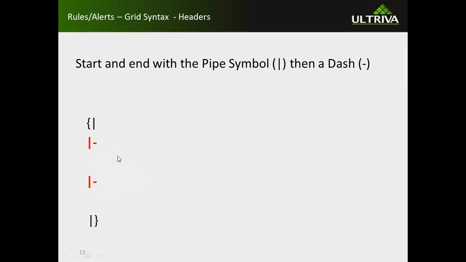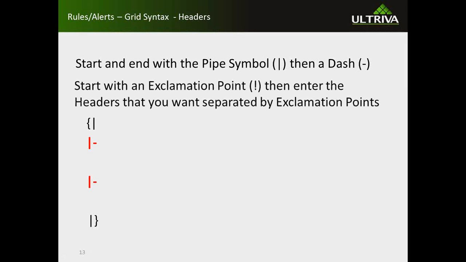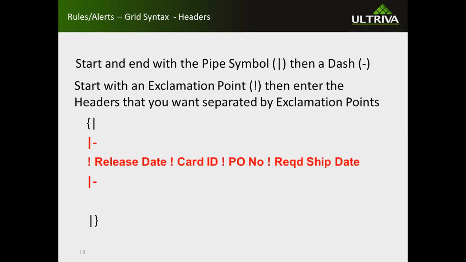Now we're ready to add our headers, and we start that with an exclamation point, and then we put our headers in, typing exactly what we want our headers to be, and we separate each one by exclamation points. So we start with that exclamation point and then type in what we want. In this case, the release date, card ID, our PO number, and ship date. And that's our headers.